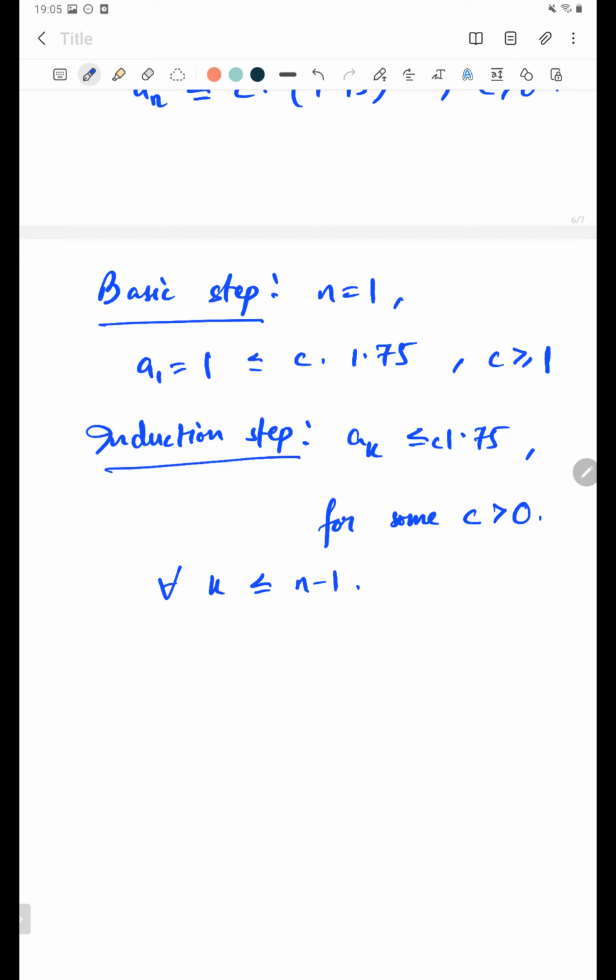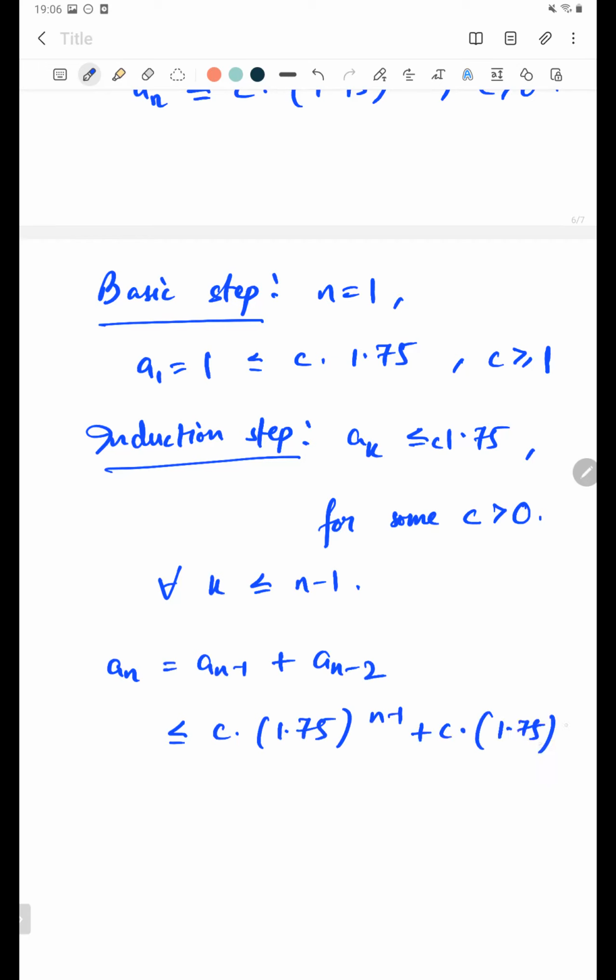Then a_n equals a_(n-1) plus a_(n-2), that is less than or equal to c times 1.75^(n-1) plus c times 1.75^(n-2) by induction.